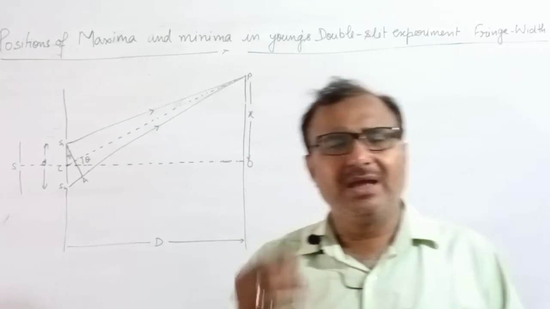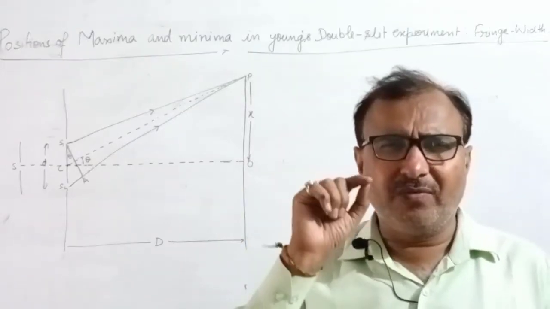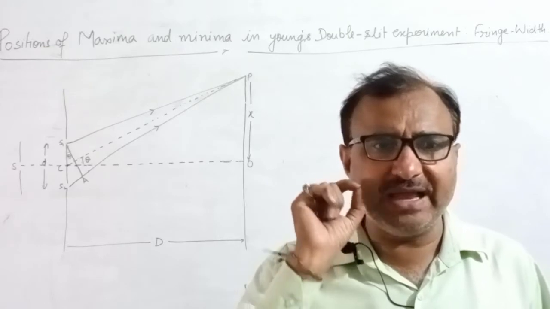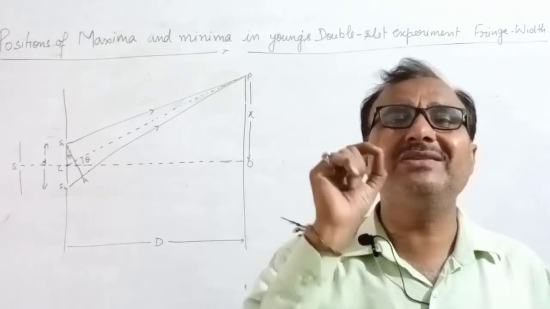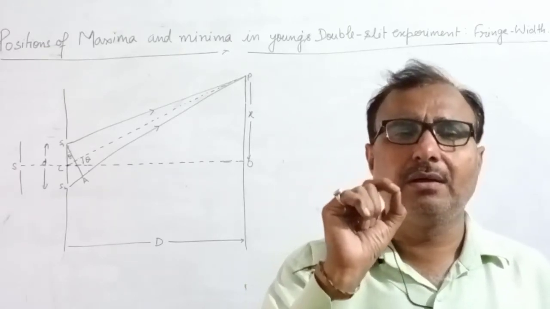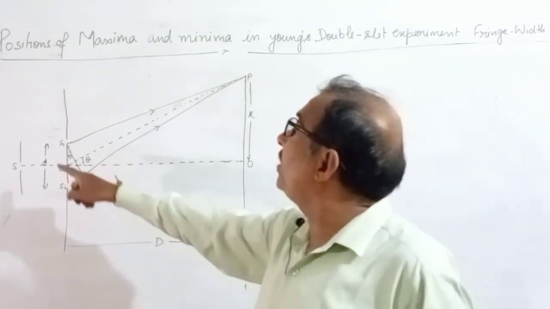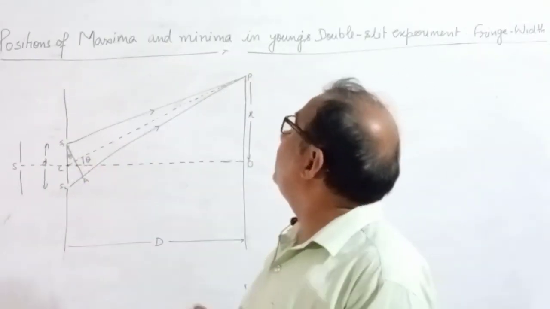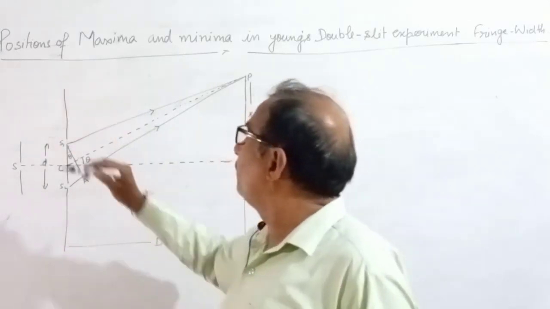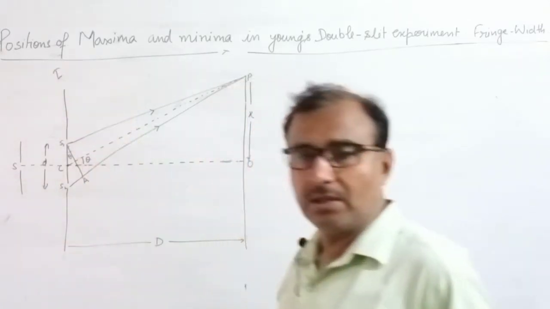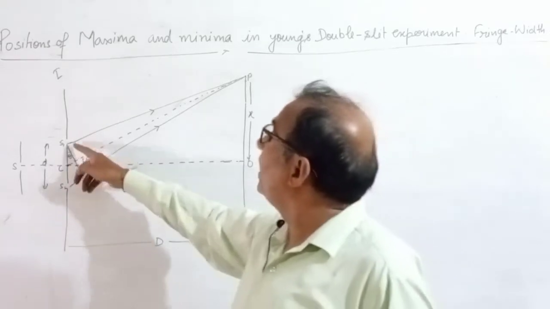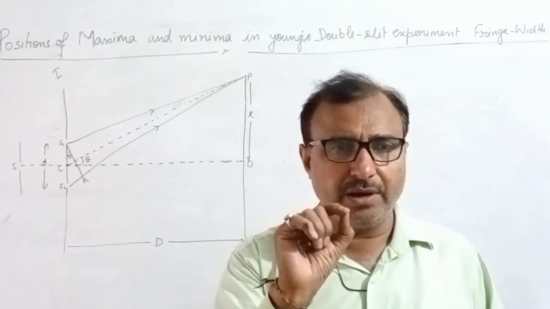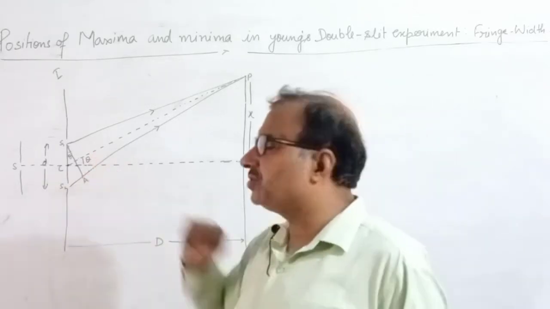We take a screen and make a pinhole in it with a pin; that is a slit, very fine. So let there be a light source S, and in front of it a screen, the first screen, with two slits S1 and S2, fine pointed holes.